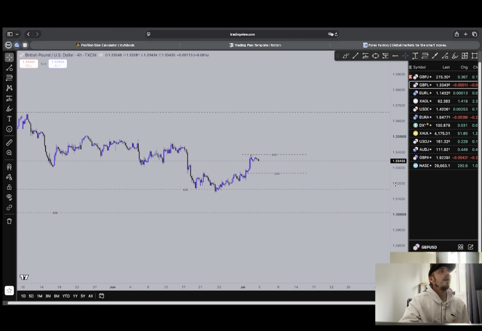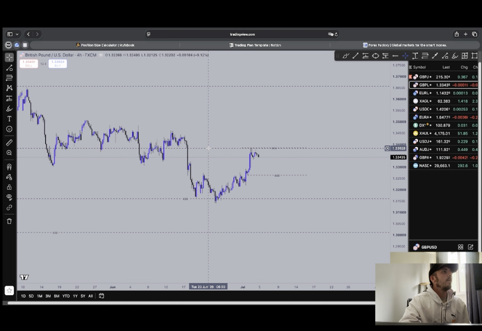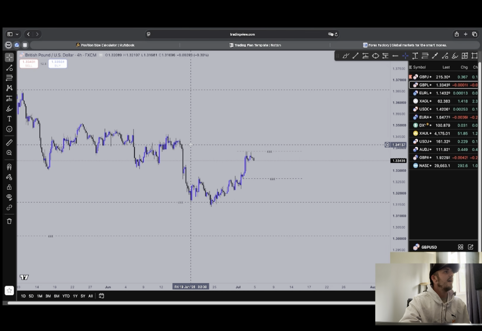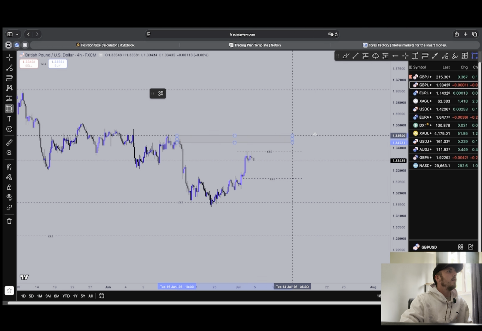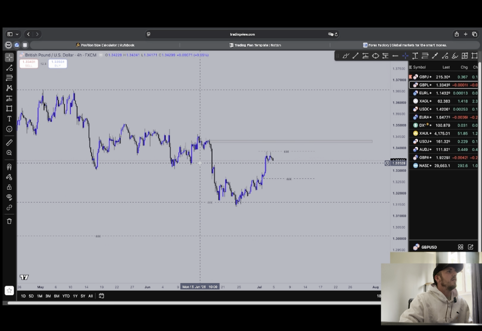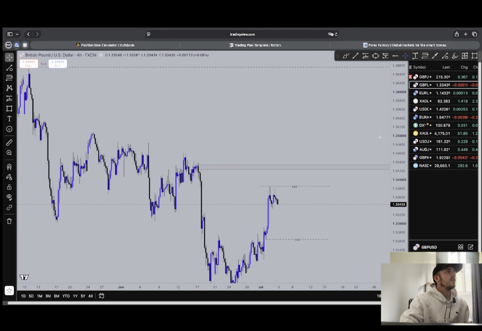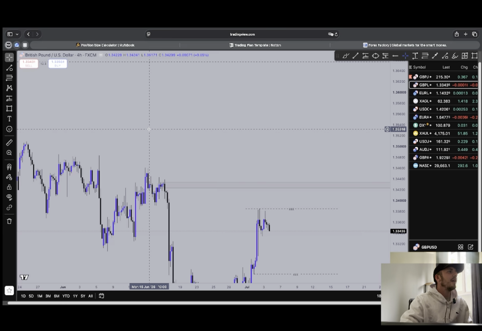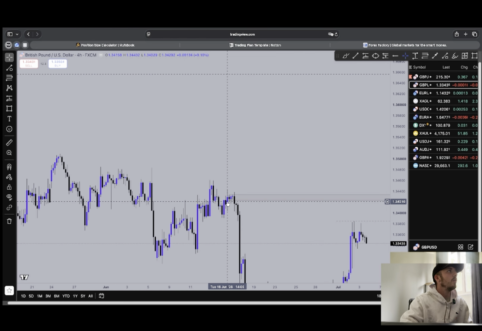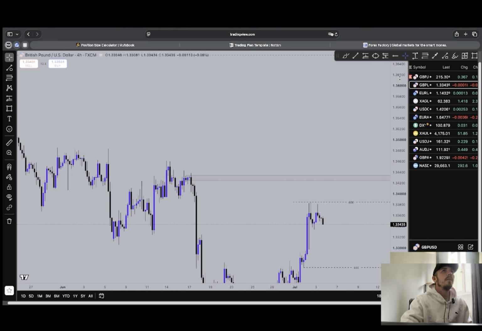So right now in the 4-hour, we've just filled a fair value gap which is created by an order block. Normally it's the last candle, so if it's a bearish fair value gap, it'd be the last bullish candle, which is this one here, if you want to refine it.